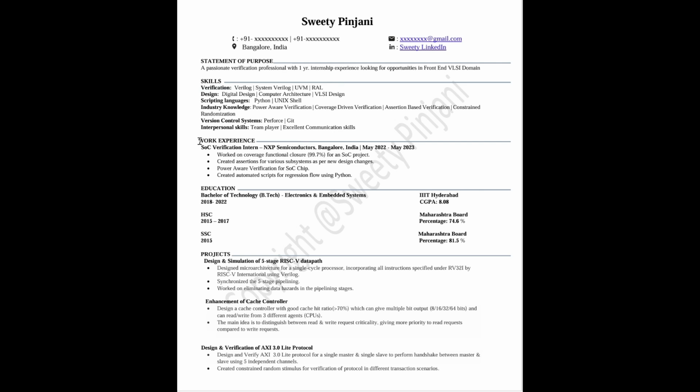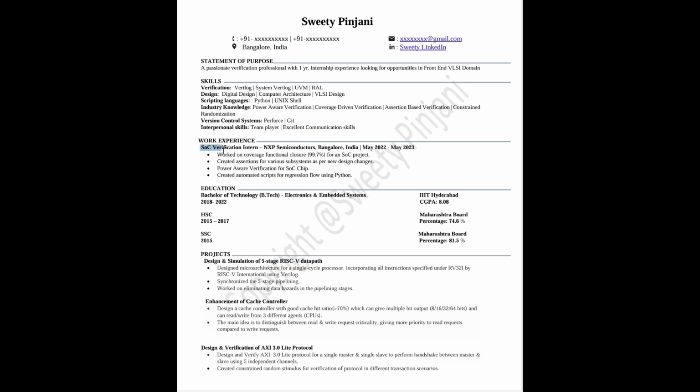Now the next section will be work experience. This particular person has 1 year of internship experience. So whatever is the name of your position, then the name of the organization, the location, and even the time duration, from when to when. Please note, I have covered everything in one line.